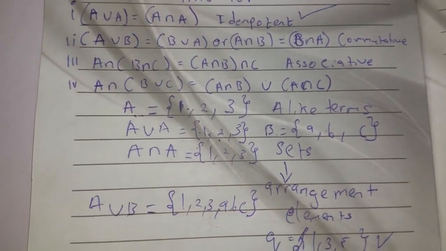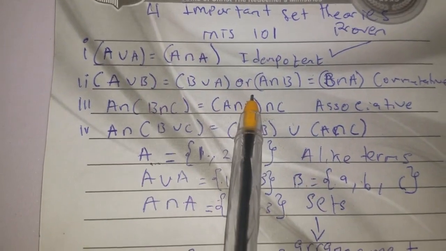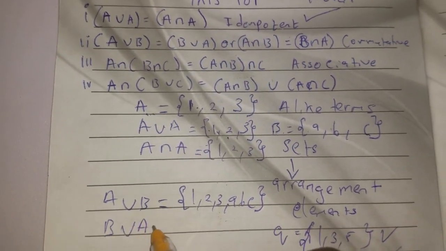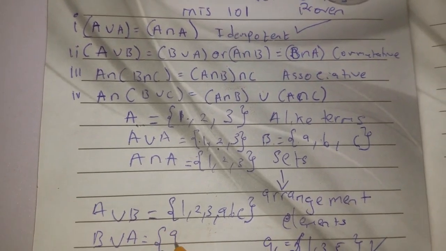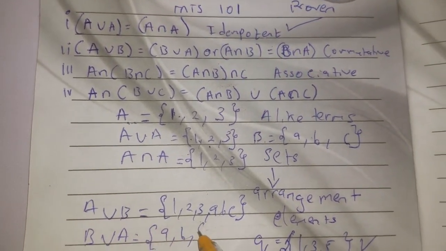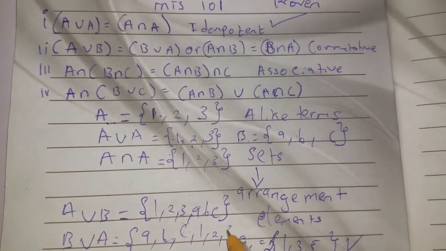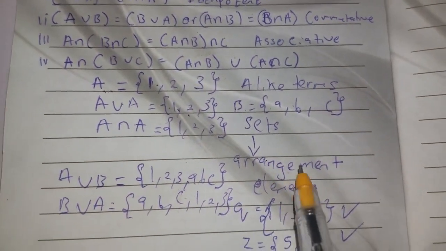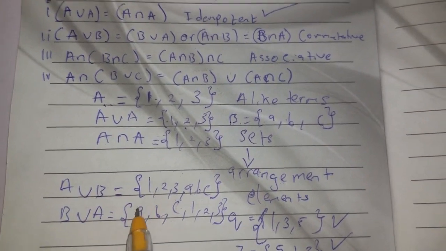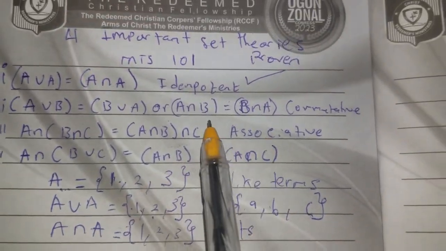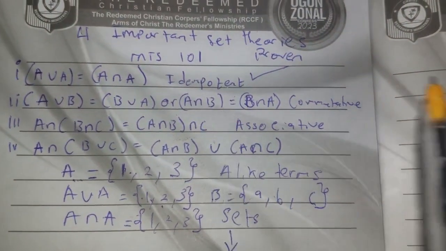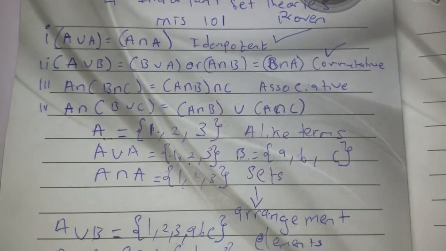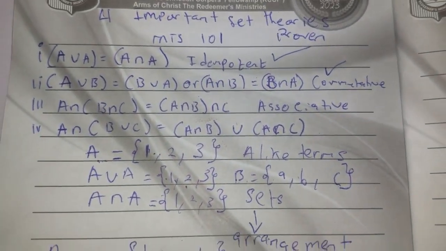Now, B union A is equal to what? a, b, c, 1, 2, 3. Now, remember I told you arrangement doesn't matter, which means this is still the same as this. If you do the same for intersection too, you will find it to be true. I'll give that to you as an assignment.